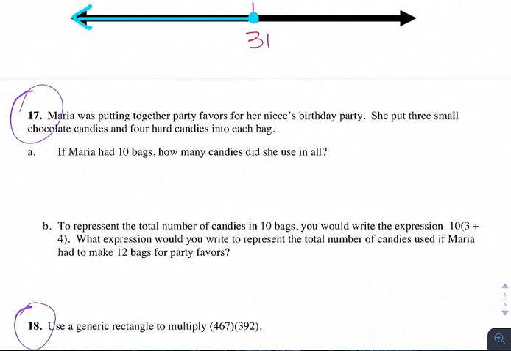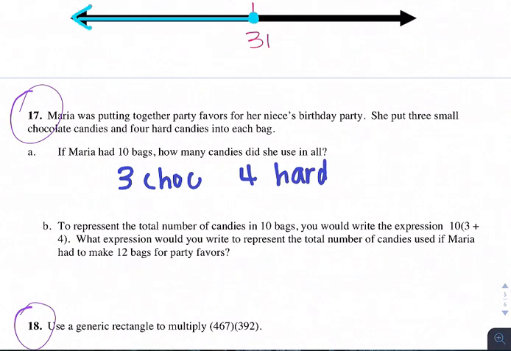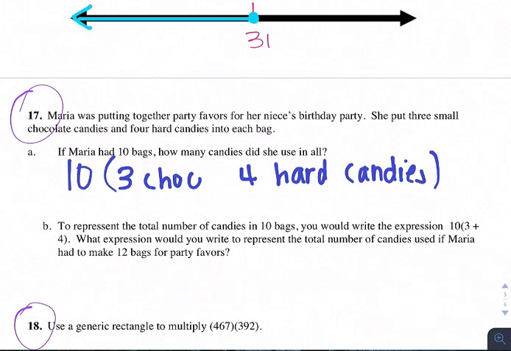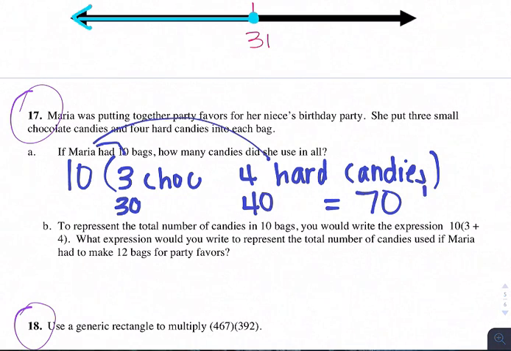It says Maria, she put 3 chocolate candies, so 3 chocolates, and 4 hard candies in each bag, and she has 10 bags. How many candies did she use in all? Well, 10 bags with 3 chocolates would be 30 chocolates, and 40 hard candies, so that's 70, I just multiplied, 70 total candies.